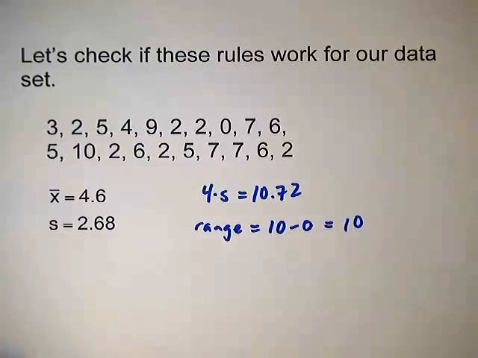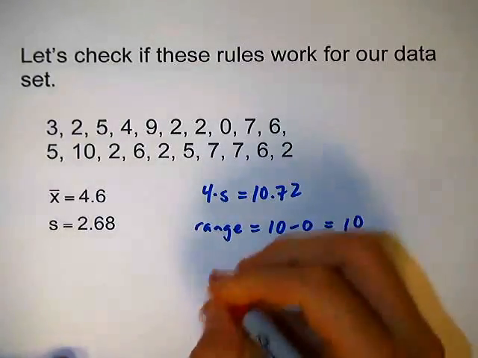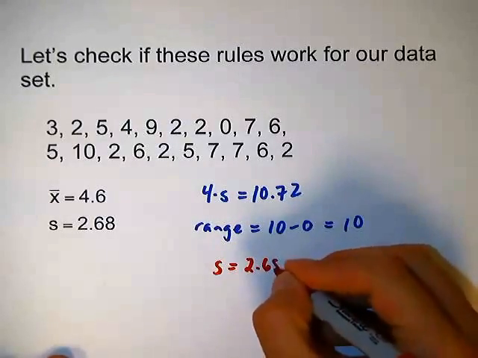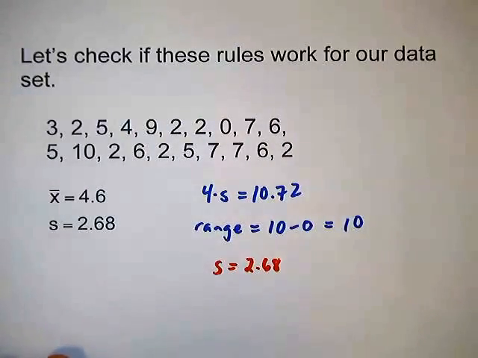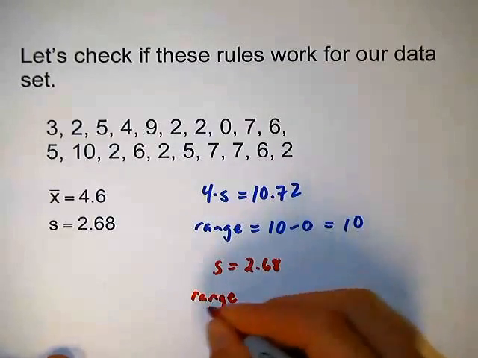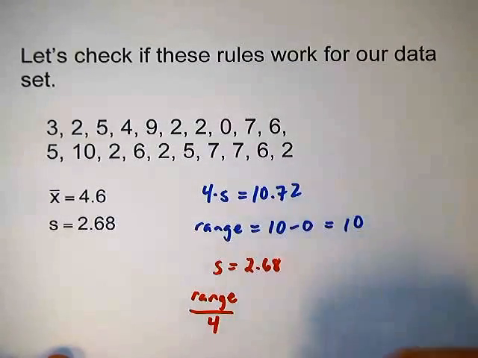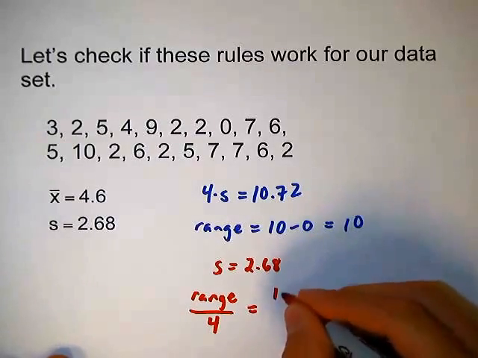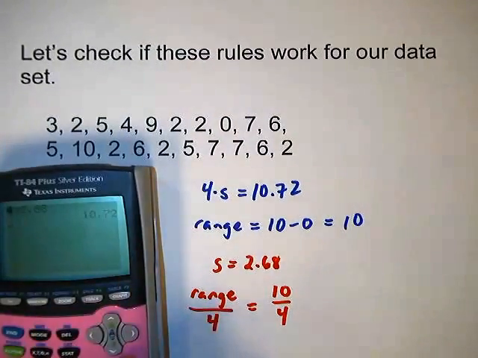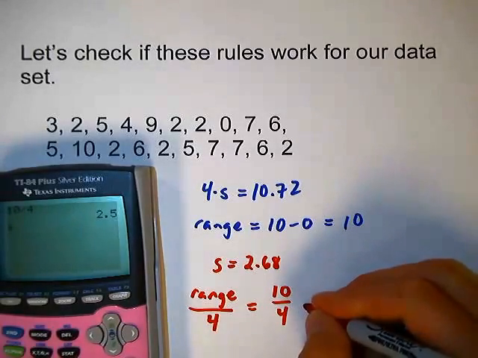Now if we do this the other way, we know that our standard deviation is 2.68. If we take our range divided by 4, that's 10 divided by 4, which should give me 2.5.